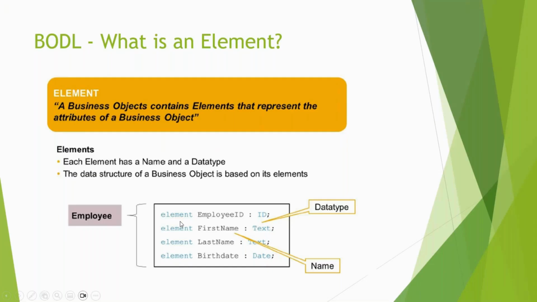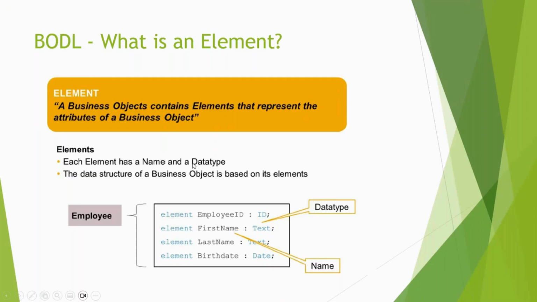So how do we define a field in the backend? This is the syntax. If we are creating a field, we type the keyword element, and then employee ID is the name. This can be anything the user wants. The data type should match the existing data types from the C4C system.